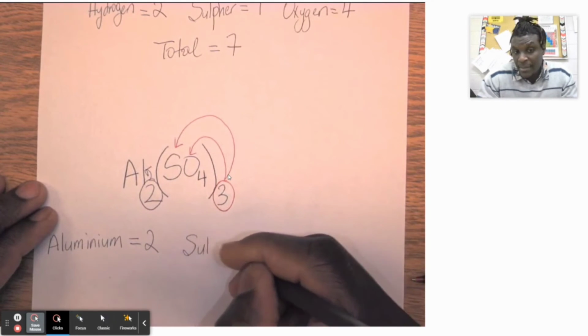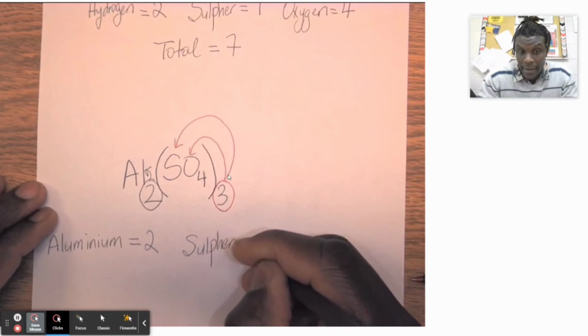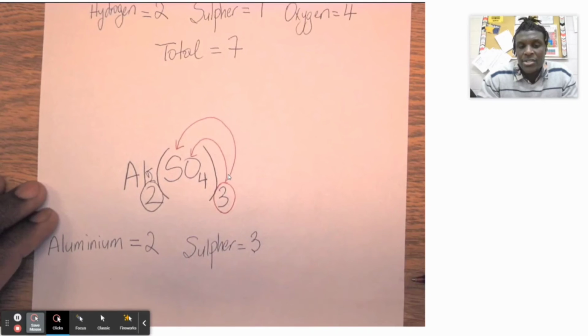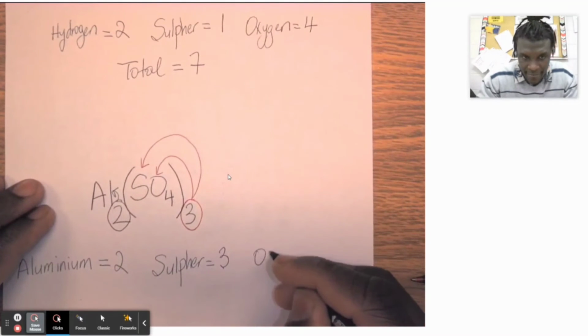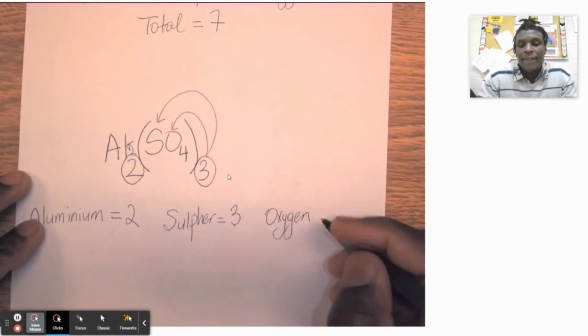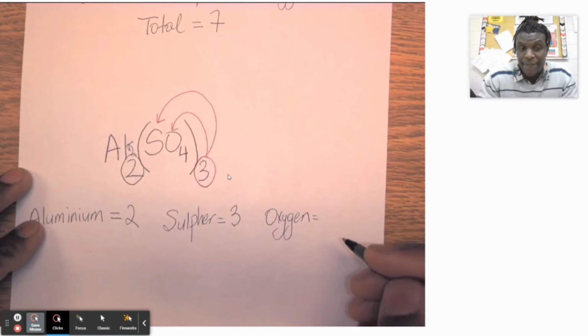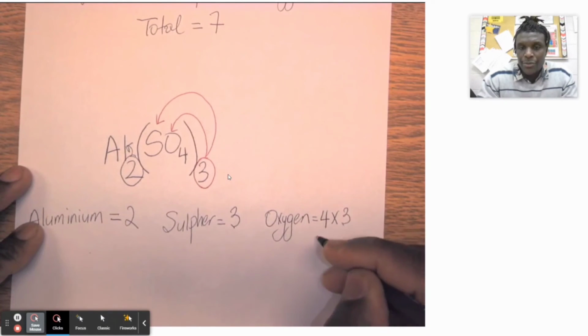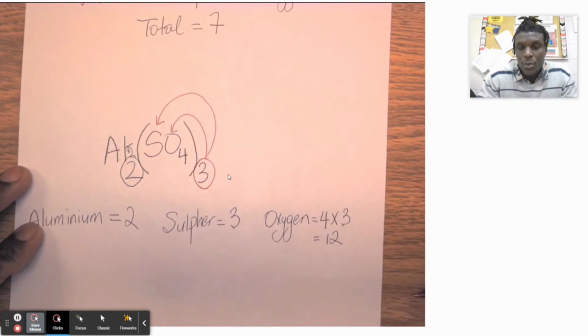Sulfur, represented by S. That's the symbol, right? Sulfur we know is 3. Why? Because it's 3 times the 1 that we have. And oxygen, how much do we have in the parentheses? We have 4, but we need to multiply that by 3. 3 times 4 equals 12.